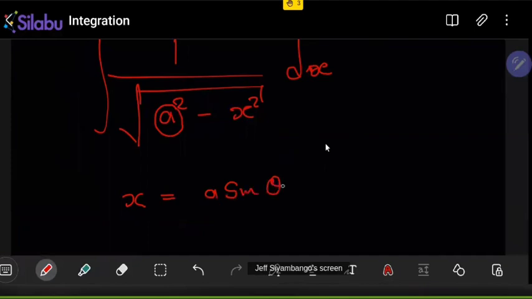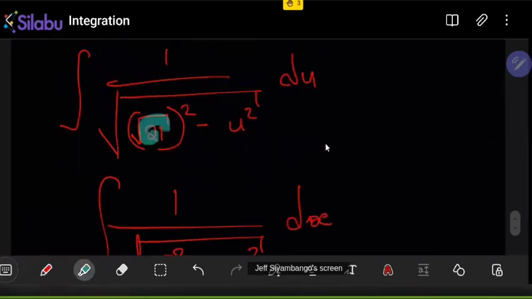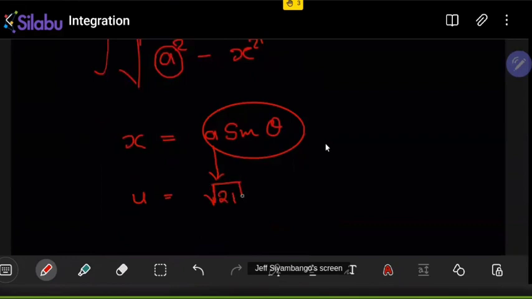So when I compare this same step to what is here, I see that whatever is being squared here is actually root 21. So in other words, a is actually root 21. But instead of x, what we have is u. So instead of saying x is equal to a sine theta, it's actually u I'm dealing with, and instead of a, what I have is root 21. Everything else is the same. Have I answered that?